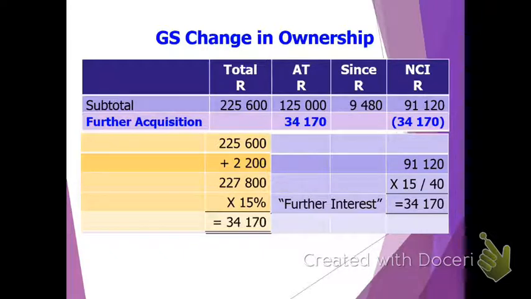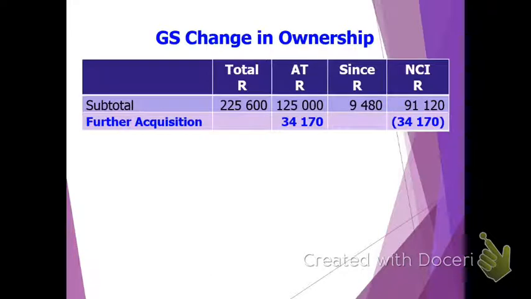Of that we have purchased 15%, and as you can see, that also relates back to the 34,170. Just another way of doing the calculation. If you look at the bottom of your analysis, you will see that we've done both of those calculations in that analysis.